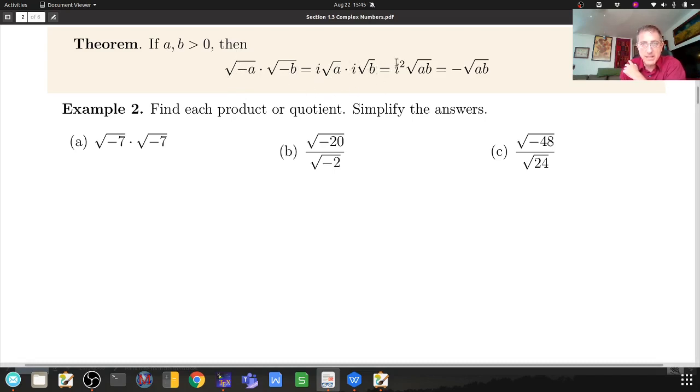So I times I is I squared, and the square root of a times the square root of b is the square root of ab, but I squared is equal to minus 1. So literally, again, all of this stuff in the middle here is just my justification. If we're given this over here, we can immediately go to this over here.